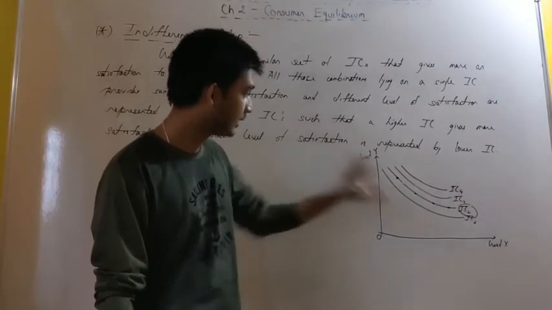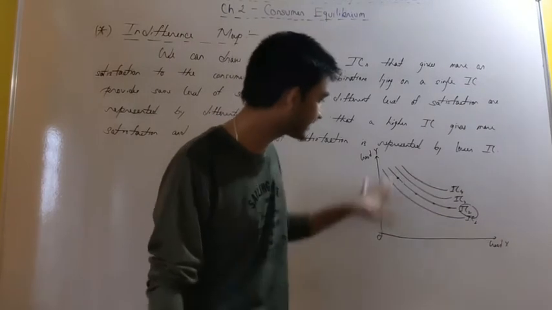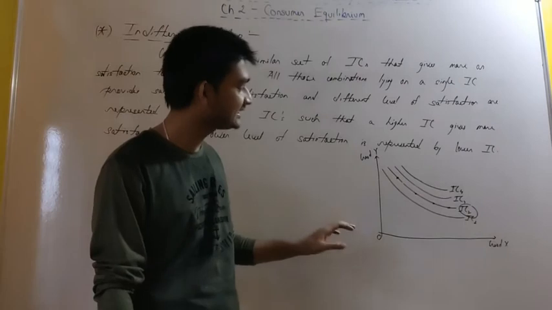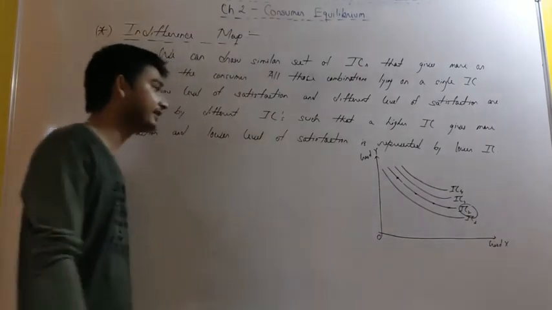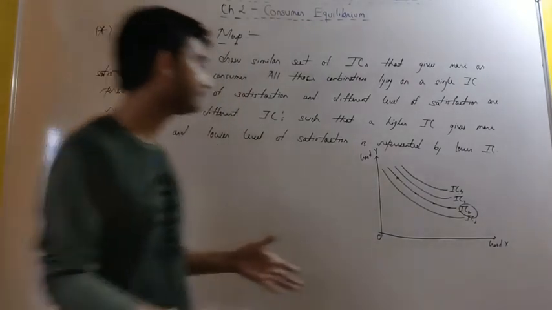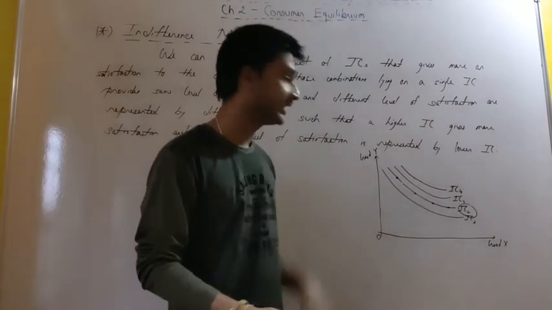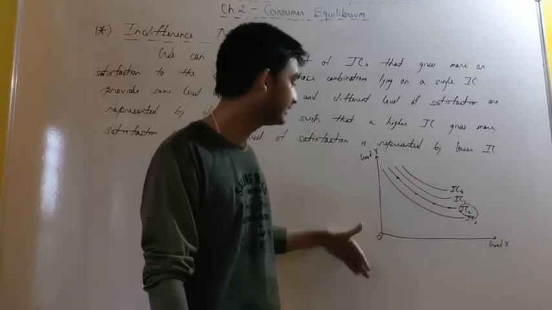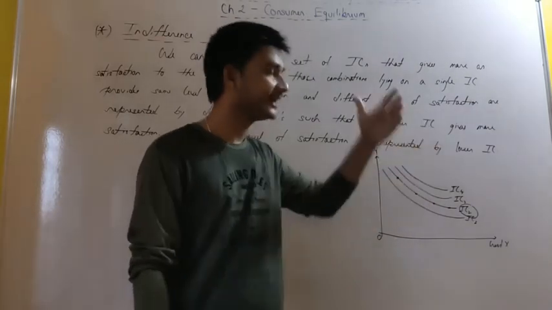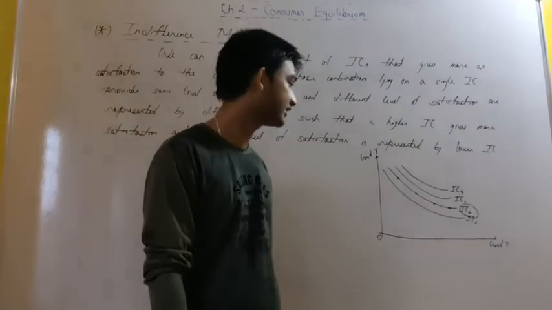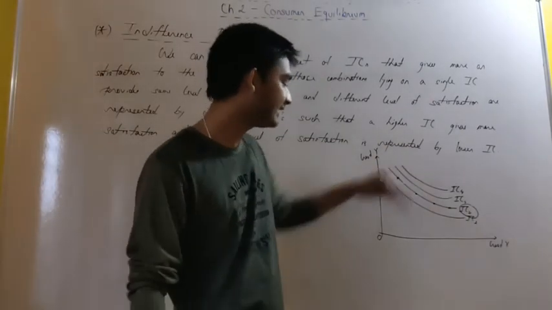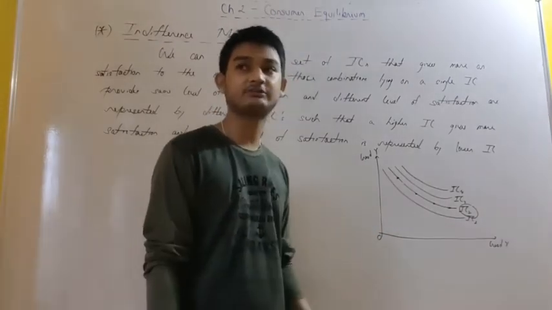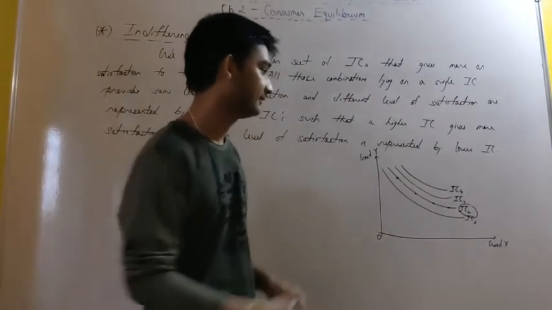When we draw this kind of set of indifference curves in a single graph, we get the indifference map. In an indifference map, a family of indifference curves is drawn such that the further the curve is from the origin, the higher the level of satisfaction, and the closer to the origin, the lower.